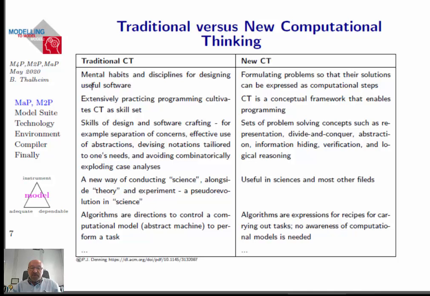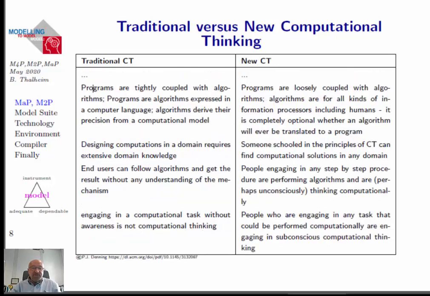We have sets of problems and sets of problem-solving concepts such as representation, divide and conquer, abstraction, information hiding, verification and logical reasoning that can be inherited as some kind of generic models. They are useful in science and most other fields, and algorithms are now becoming expressions for recipes for carrying out tasks. That means we do not need any more awareness of computational models. We directly inherit those.